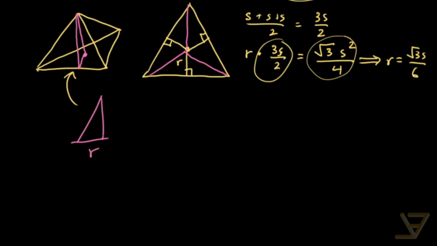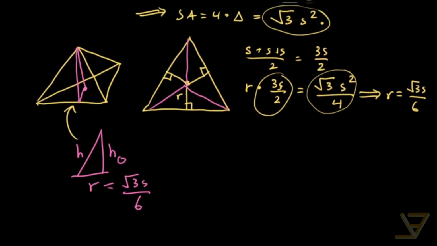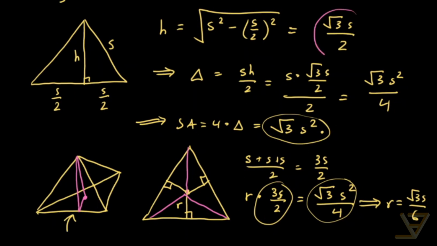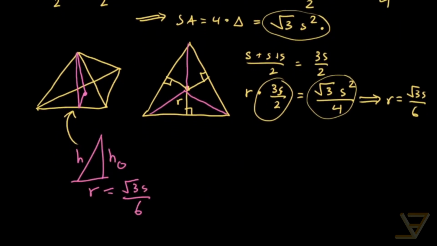What we know is that down here we have r, up here we have the height, let's call it h naught, of the pyramid, and here we have the height of the equilateral triangle. So r is equal to square root of 3 s over 6. And looking back at what we did before, we know that the height of the equilateral triangle is square root of 3 s over 2.